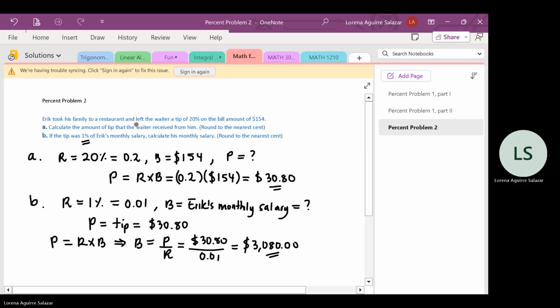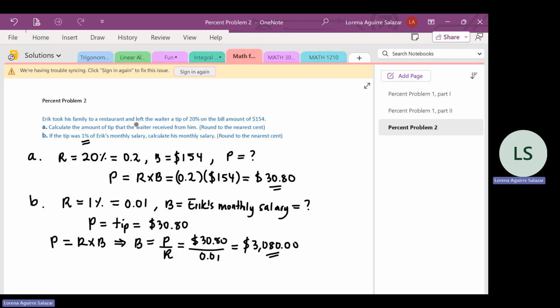Okay. So to summarize, we use the formula P equals R times B for both parts A and B. For part A, we used that formula to find P. For part B, we used that formula to find B. And the wording of the questions was important. The wording of the questions told us what percent was, what the rate was.